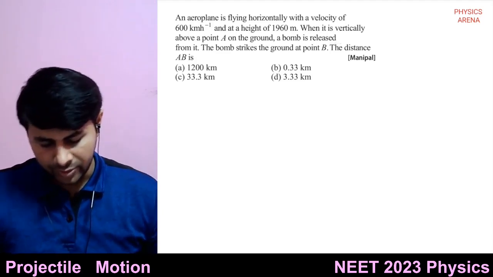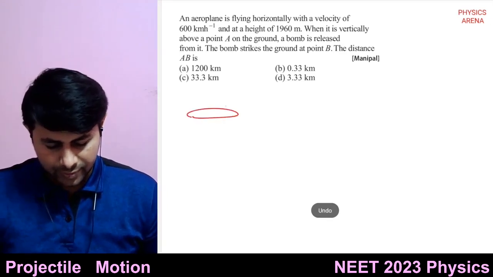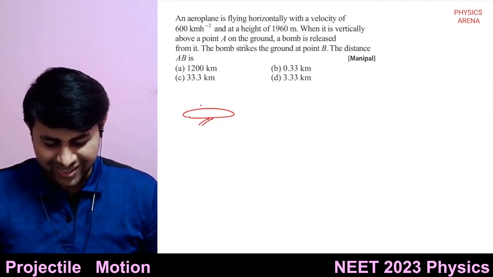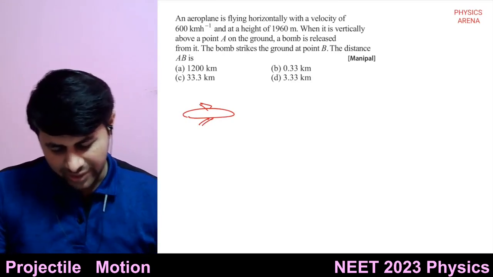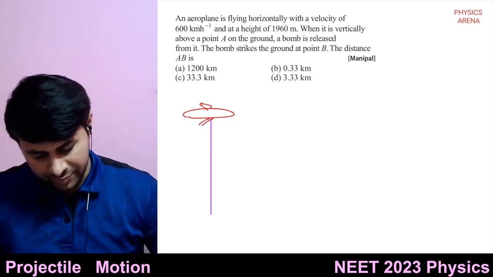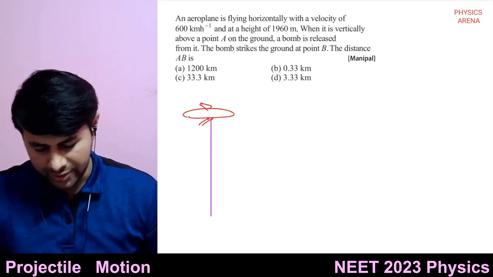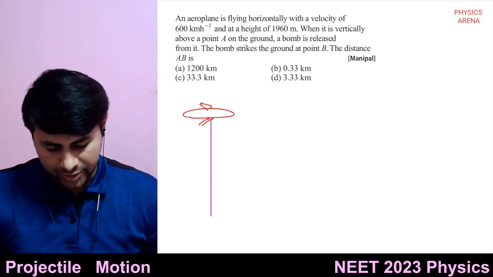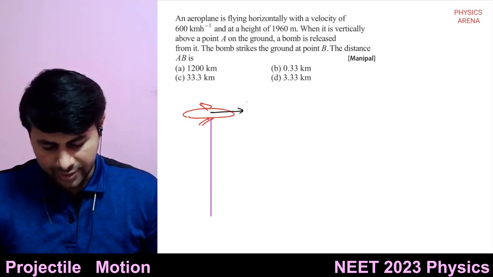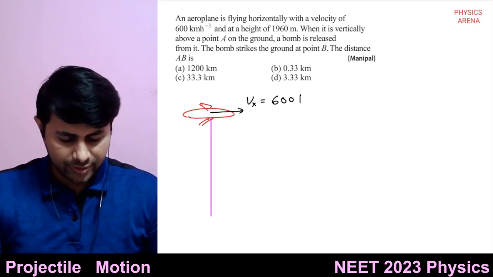So the aeroplane is there at a height of 1960 meters, moving horizontally with 600 kilometers per hour. So its horizontal speed Vx is 600 kilometers per hour.